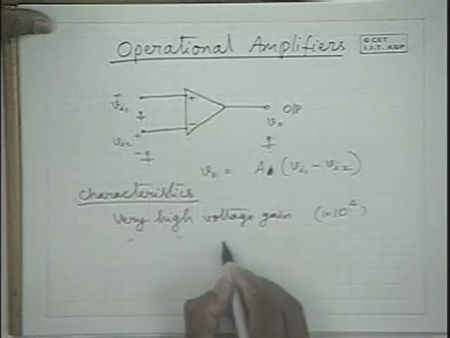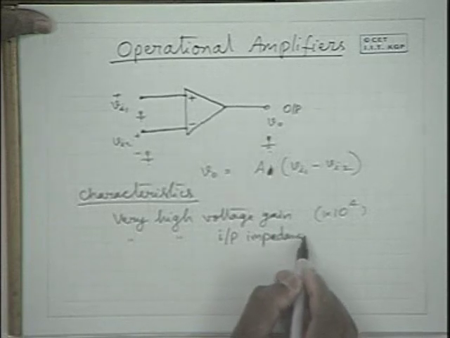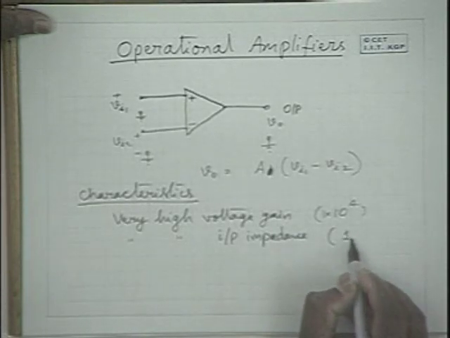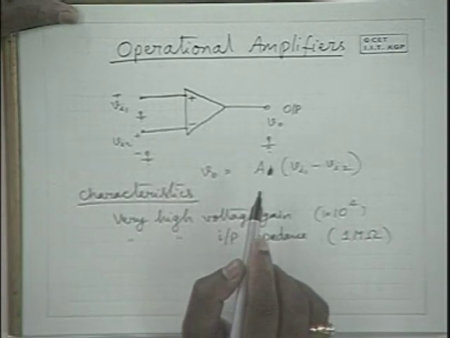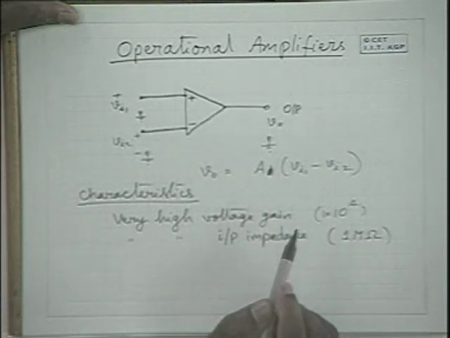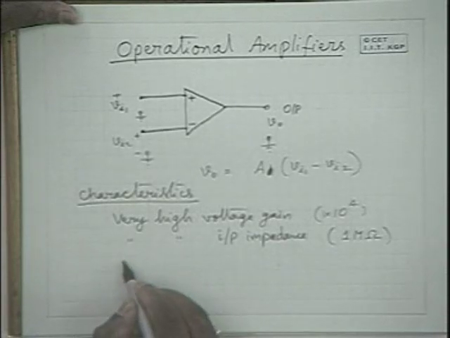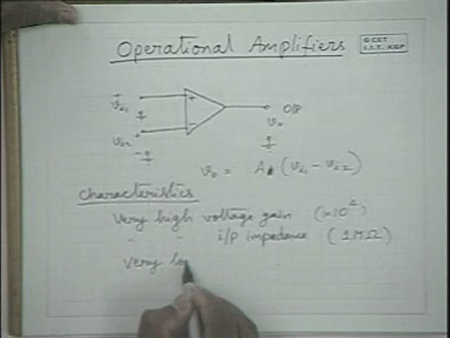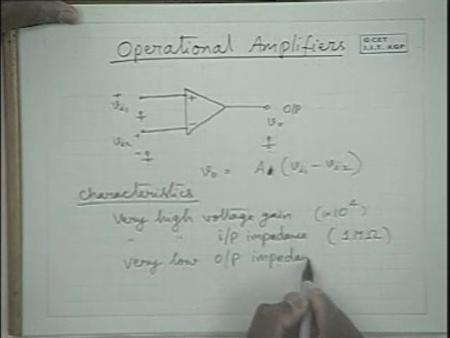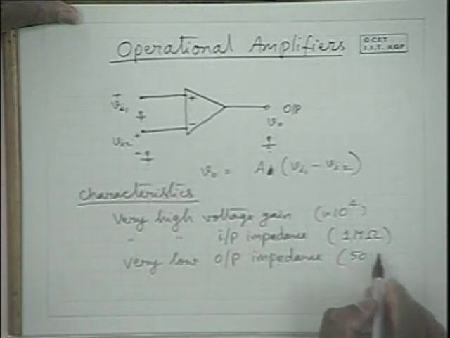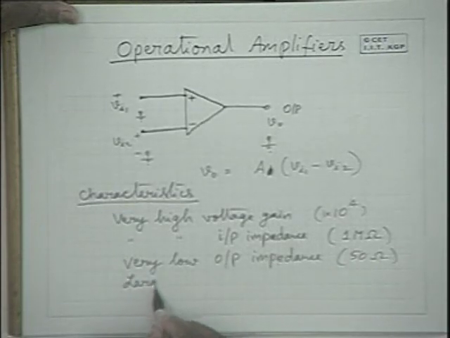Very high input impedance, of the order of mega ohms, and if you use FET input op amps, it is of the order of giga ohms or hundreds or thousands of mega ohms. Very low output impedance, and output impedance typically is of the order of 50 ohms, and large gain bandwidth product.